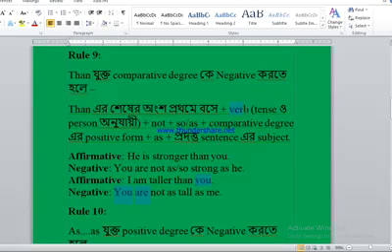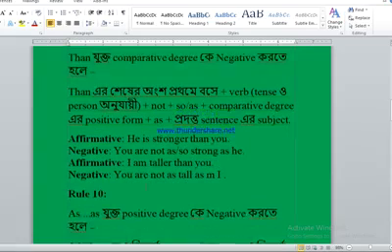That means verb and person, plus not, then you will add as, then you will write the positive form of the comparative degree, taller becomes tall, plus as, then you will use me. That means I.